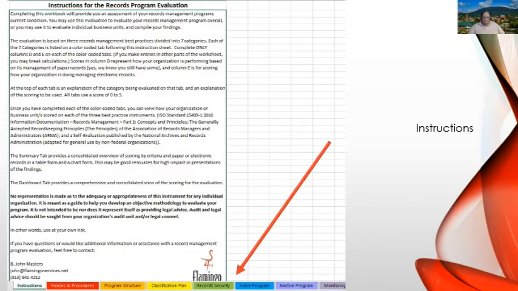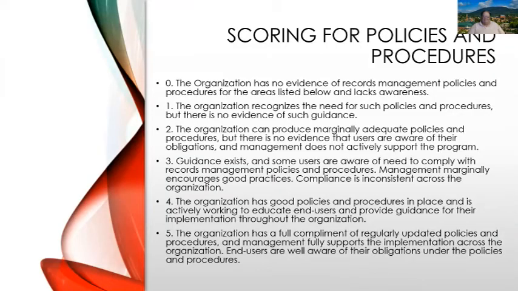I color code them because that's just the way I think sometimes, and we try to be consistent with that. And then for each of the 7 criteria, I developed a scoring mechanism, right? So you have to have that, and it's consistent.